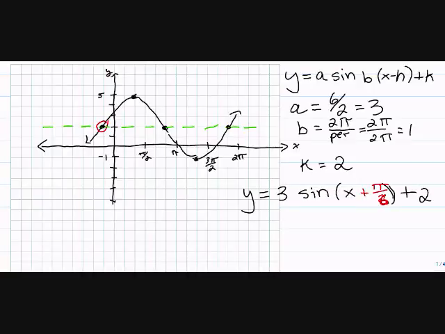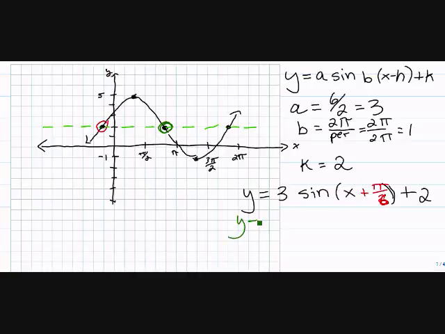Or maybe I didn't notice that little point sitting over there, but I did notice this point right here is on the midline. And it kind of looks like sine, except it's going down first and then back up. So that's negative sine.